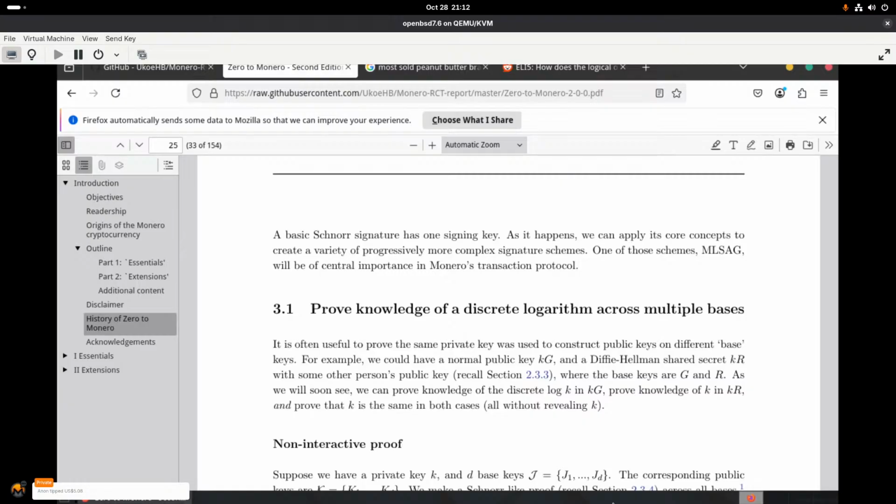For example, we could have a normal public key, KG, and a Diffie-Hellman shared secret, KR, with some other person's public key, where the base keys are G and R. As we will soon see, we can prove knowledge of the discrete log K in KG, prove knowledge of K in KR, and prove that K is the same in both cases, all without revealing K.